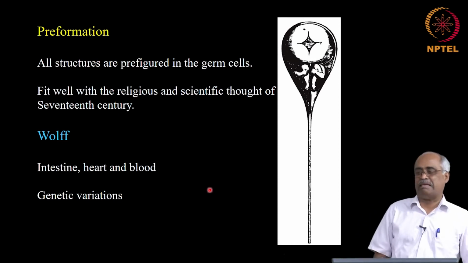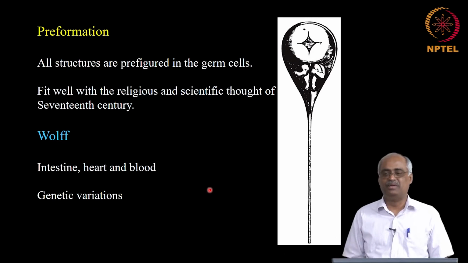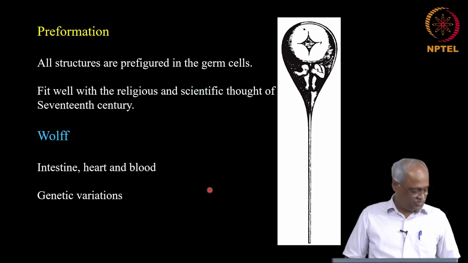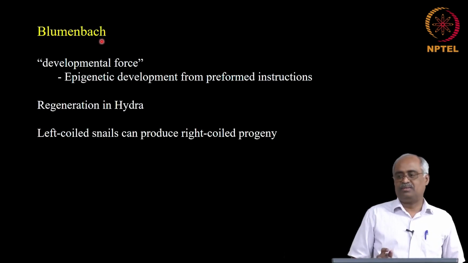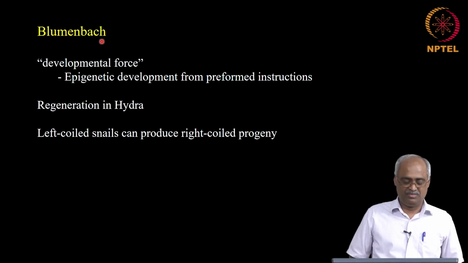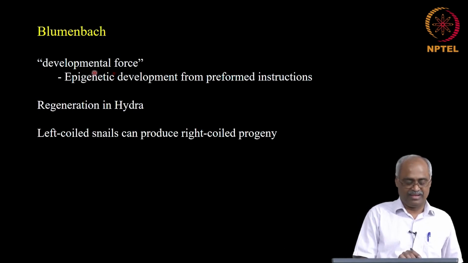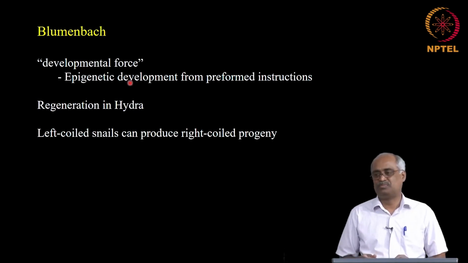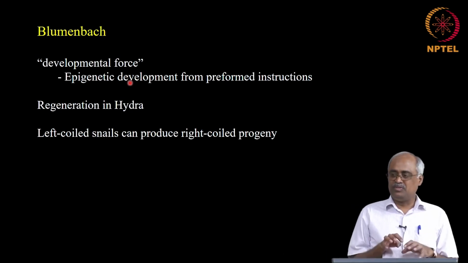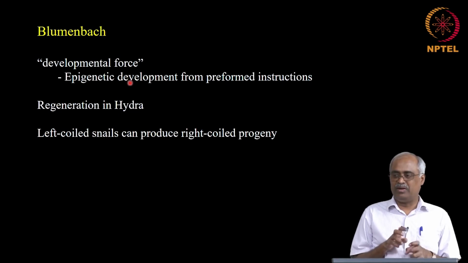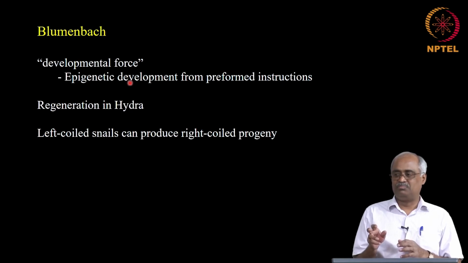So, there was a raging argument and debate, as you can imagine, between the two groups, and then Blumenbach attempted a reconciliation, and he came up with the idea of developmental force. He said developmental force is a preformed instruction that is there in the embryo, not anywhere else, and that directs what is going to develop.